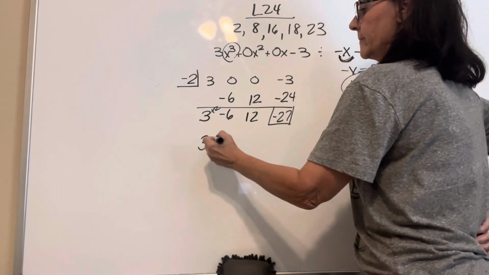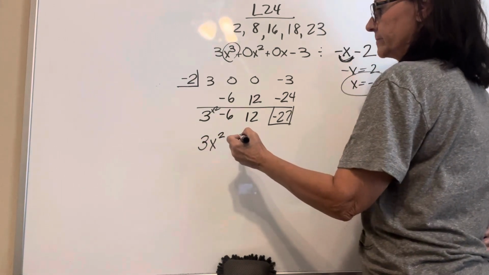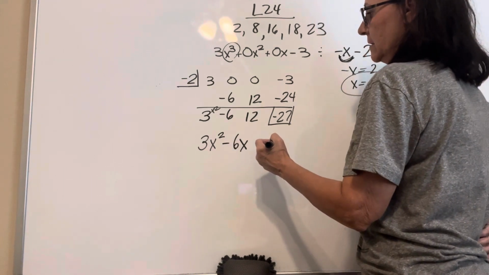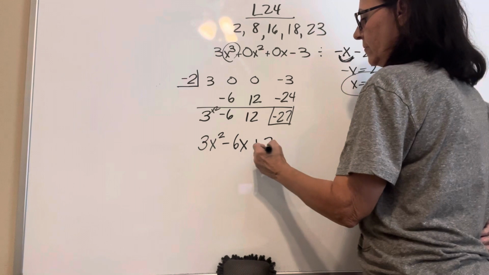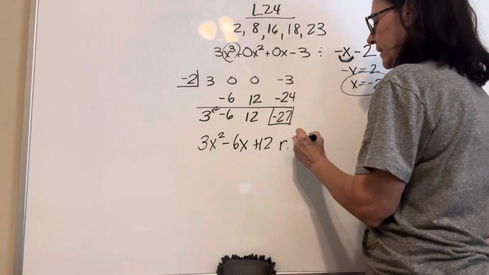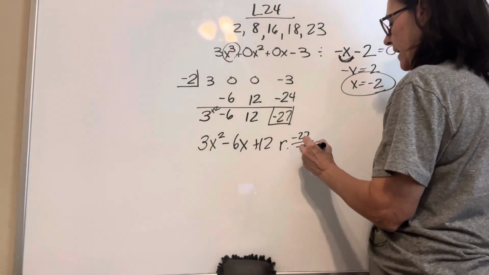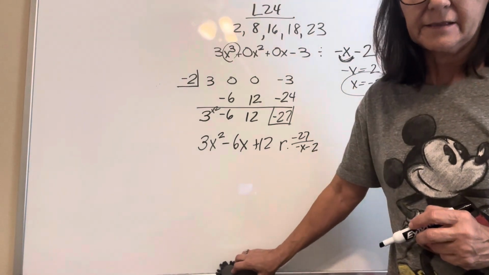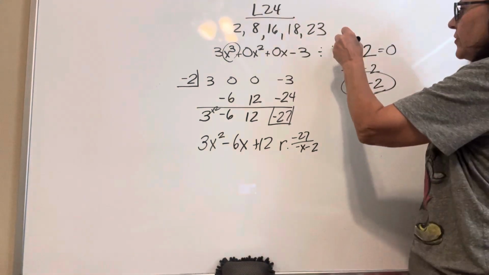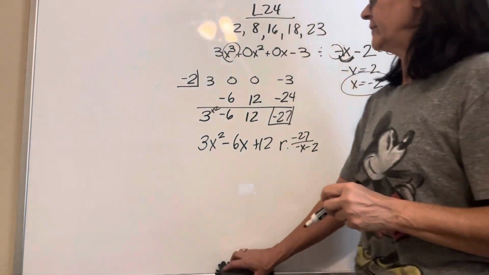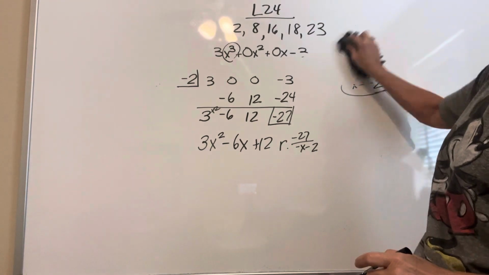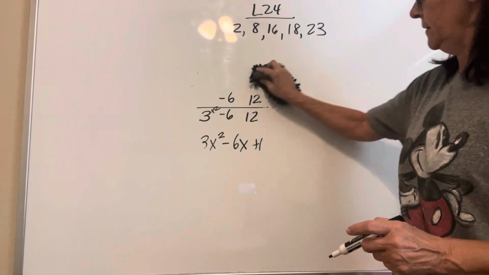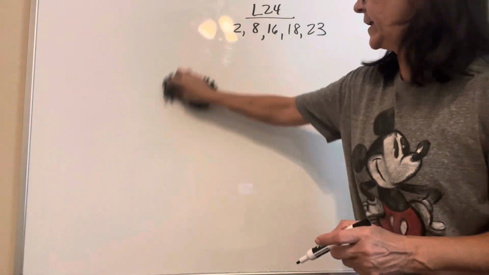So it's 3x squared minus 6x plus 12 with a remainder of negative 27 over negative x minus 2. All right, that's 8. I probably would never give you a divisor with a negative in front of it.